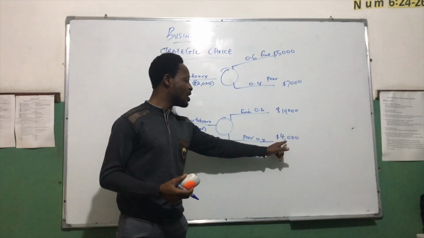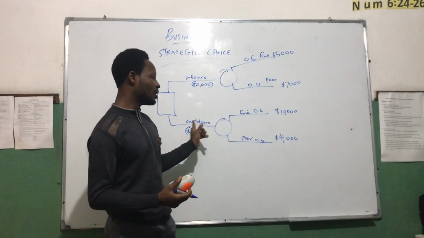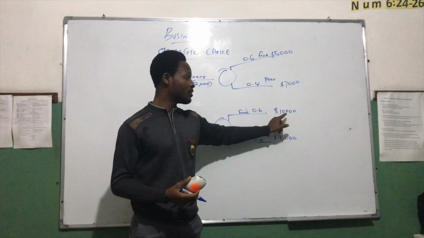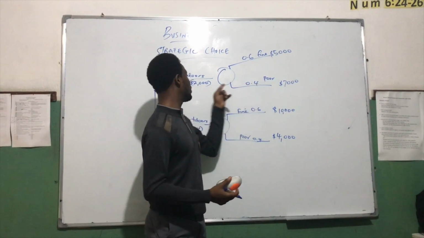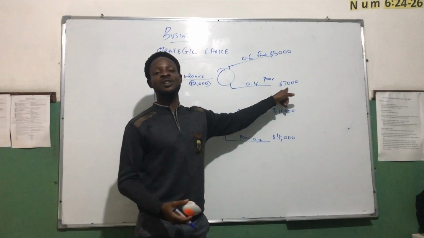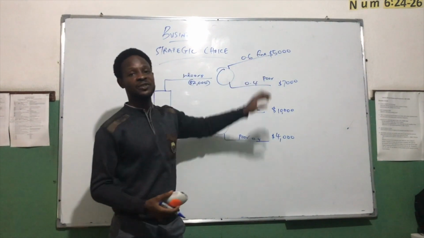It is expected to have 4,000 revenue if weather is poor for outdoor events. It is expected to generate revenue of 10,000 if weather is fine. If weather is poor for the indoor event, the expected revenue is 7,000. The expected revenue is 5,000 if weather is fine.